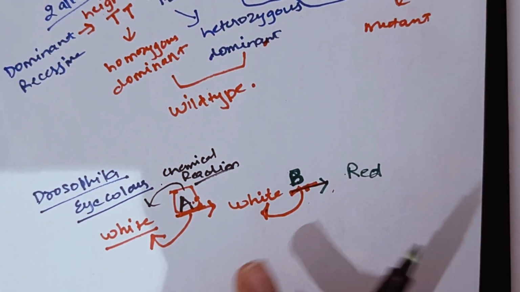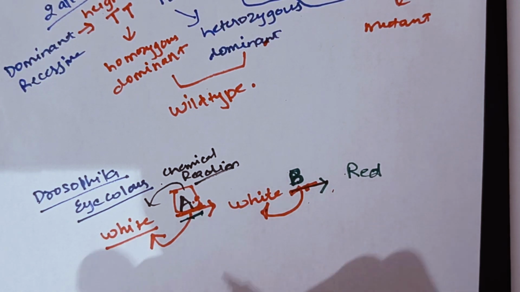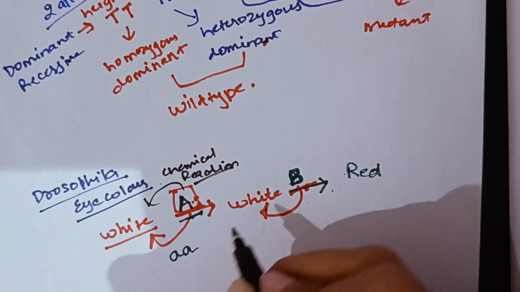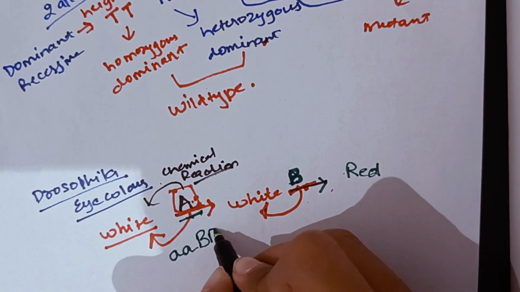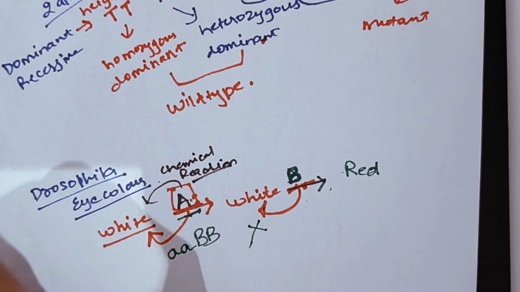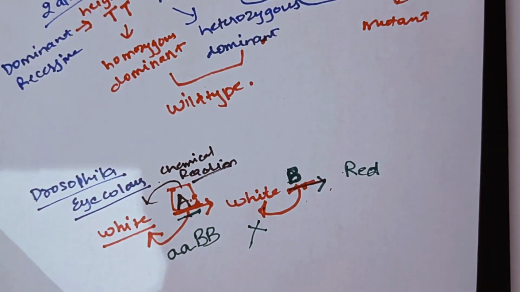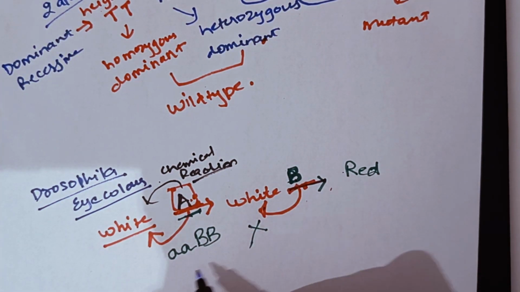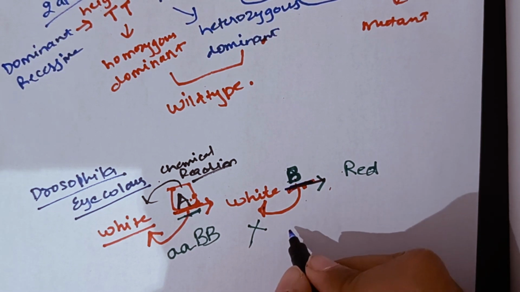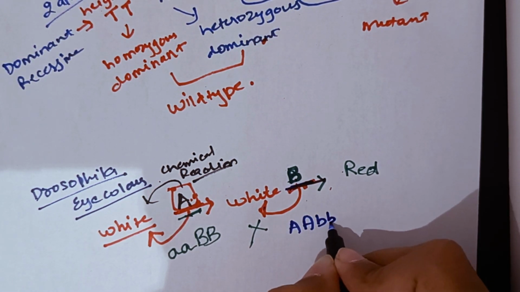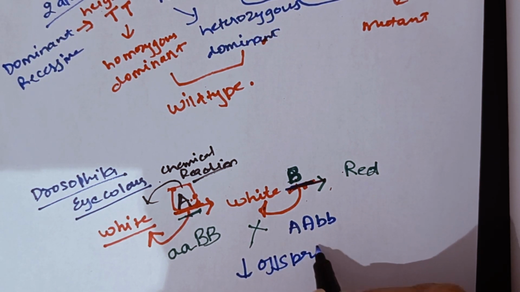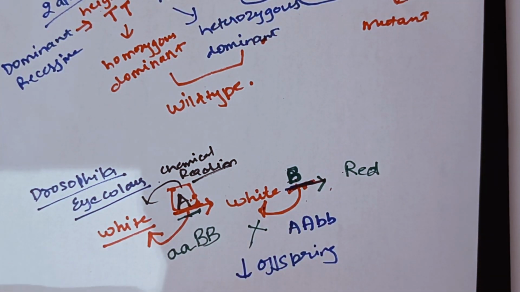Suppose we have one parent in which the mutation is in A. As I have told you, the mutation is there only when it's homozygous recessive, and the B is normal. This parent is crossed with another parent in which the mutation is in B. So the aa will be there and then the BB, and then the offspring from these parents will be, what do you think?